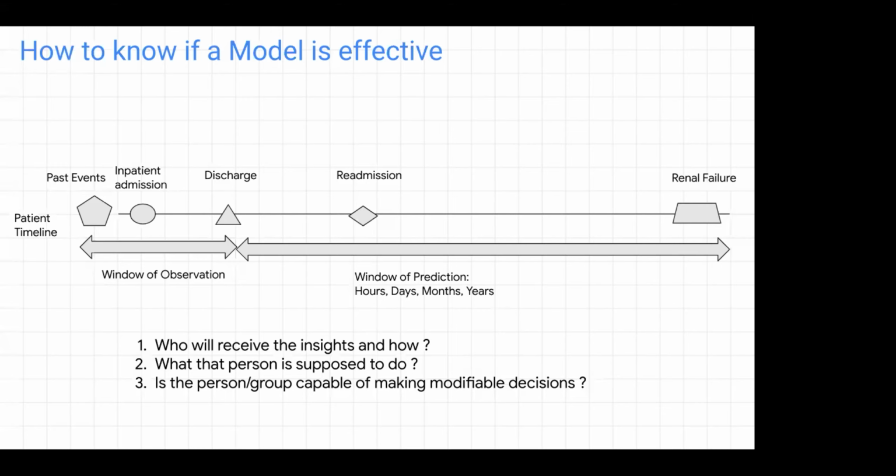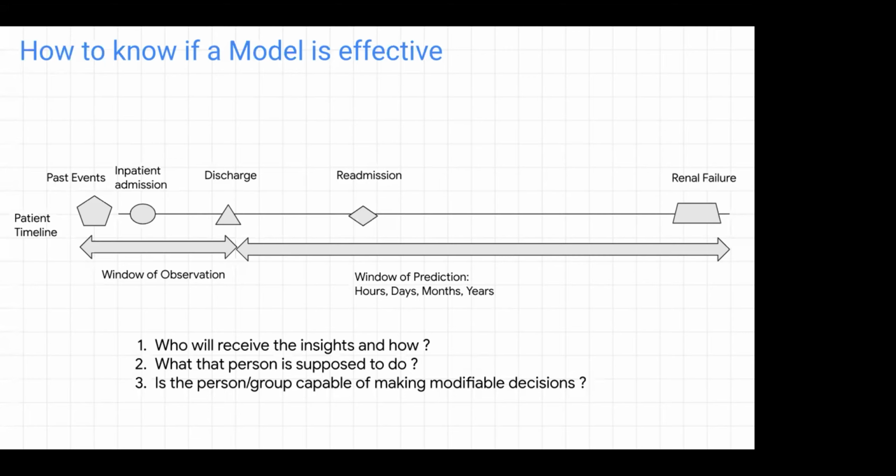So for example, you say, I have the best model to predict the readmission of a patient or predicting the disease condition of a patient. But it's important to understand what data is used for deriving this prediction.